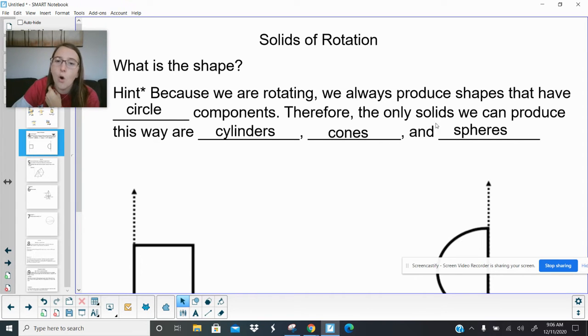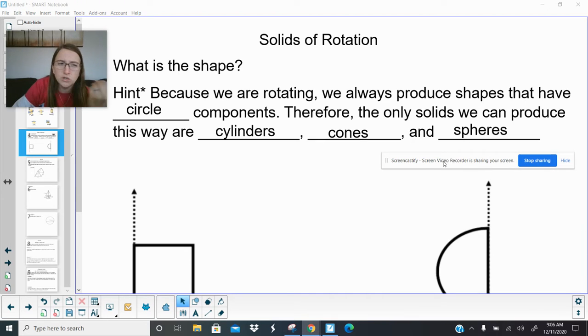These are the only possible answers for these questions. We can't produce a prism or a pyramid because those don't have circular components. A cylinder has a circular base, a cone has a circular base, and a sphere has circles all around. It's made of a lot of circles.